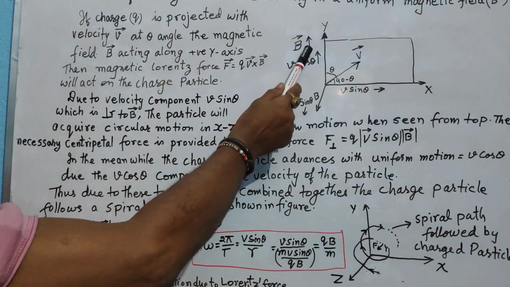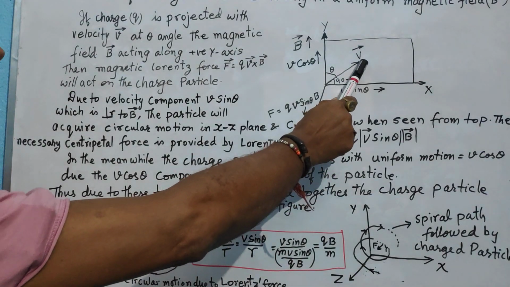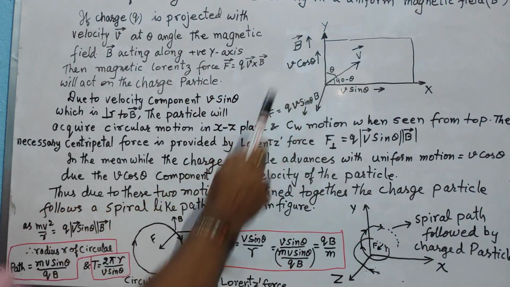Here we take the magnetic field along the positive y direction, and we take the velocity of the charged particle at theta degree with the magnetic field.